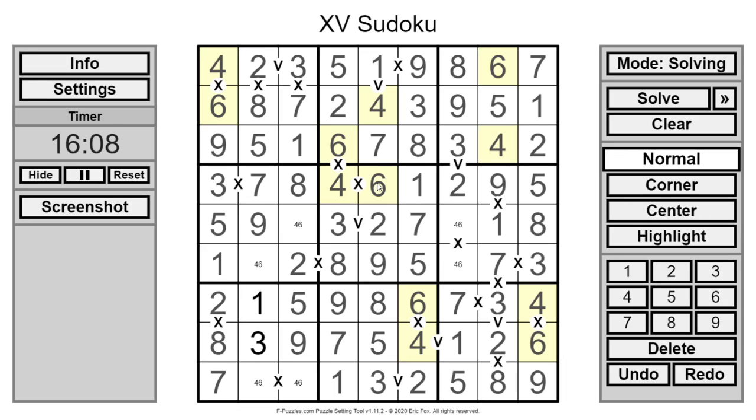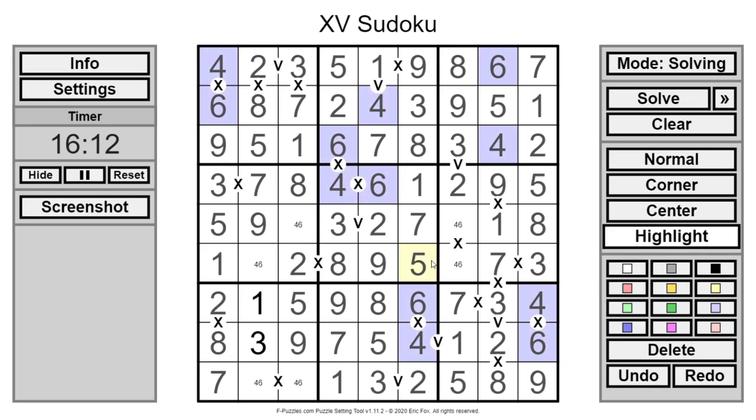Is that every 4 and 6 in there? Huh. Let me check through the rules one more time in case there's something I missed.